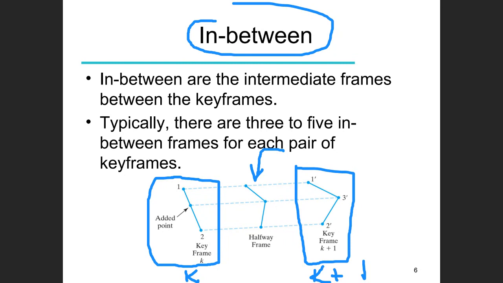You can see that initially the line is straight, then we have broken the line, but the slope is a little bit smaller compared to the next keyframe. We can insert many other in-between frames between these keyframes, so they make the changes gradually. Typically there are 3 to 5 in-between frames for each pair of keyframes.